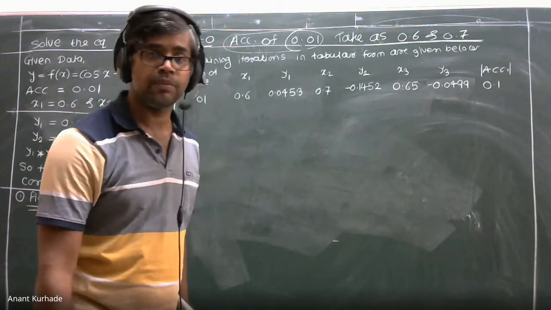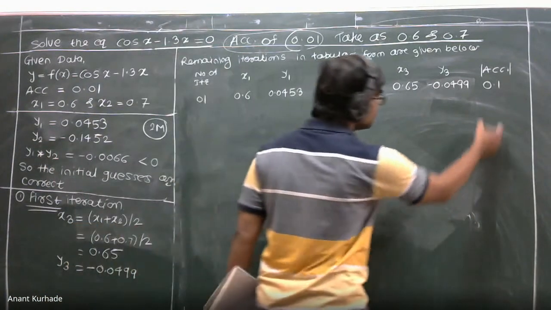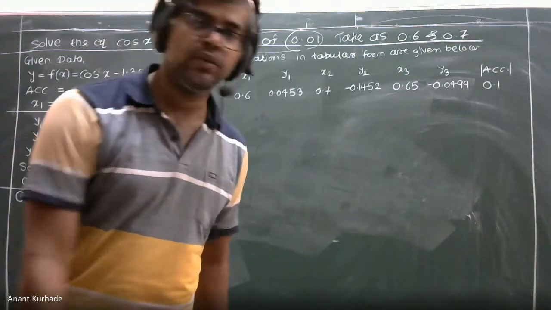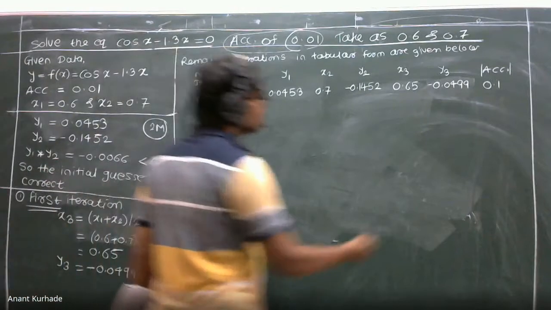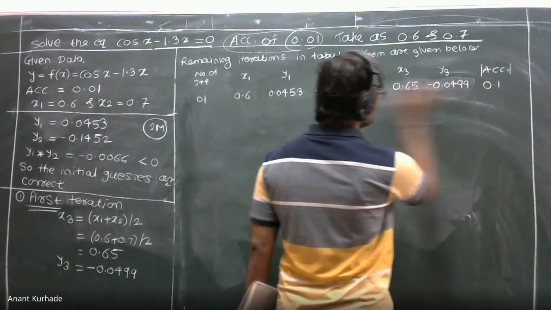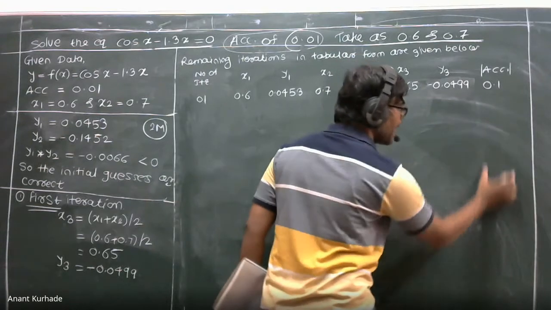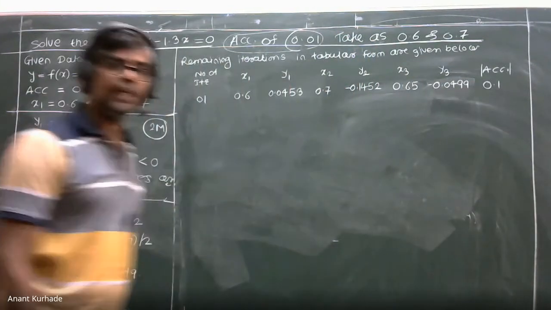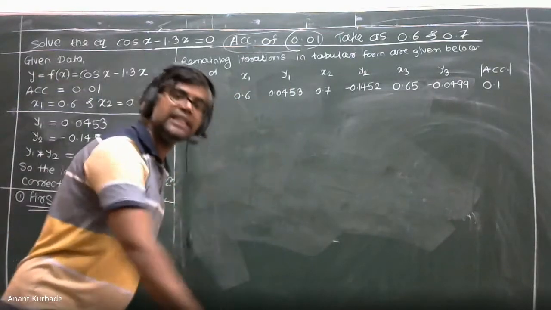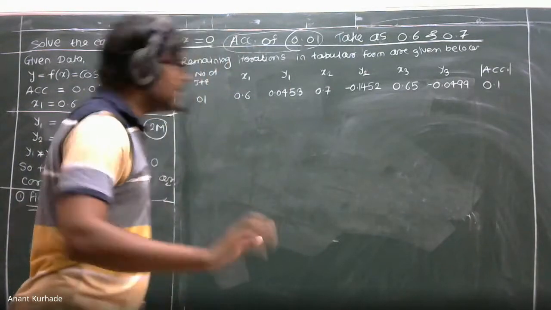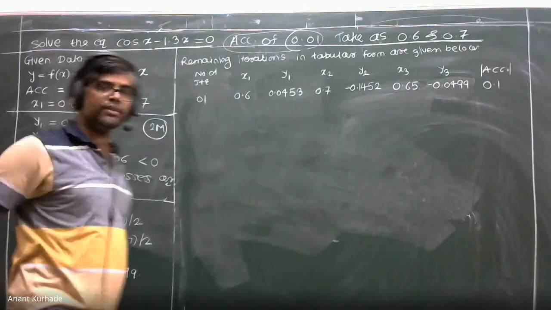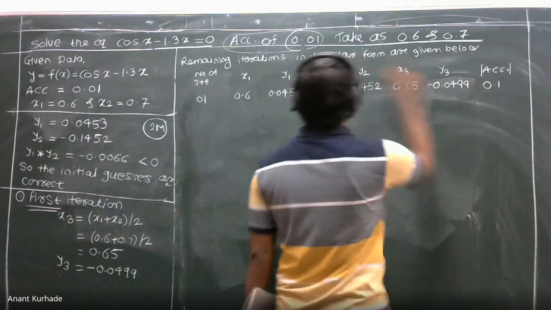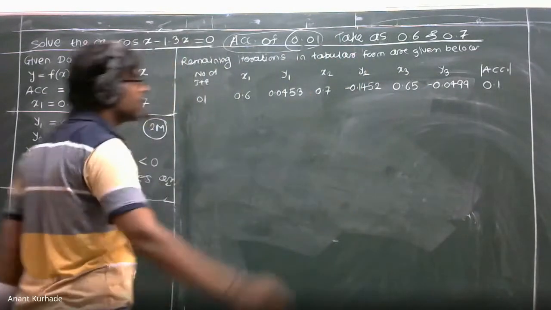We don't know whether we have to perform 6 iterations or 7. If it is greater than the given value, do the next iteration. For the first iteration, the value is not less than the given one, so go for iteration number 2.